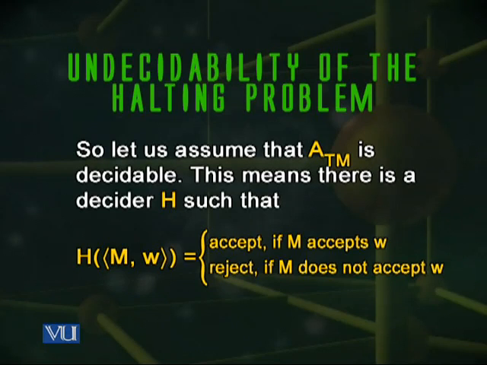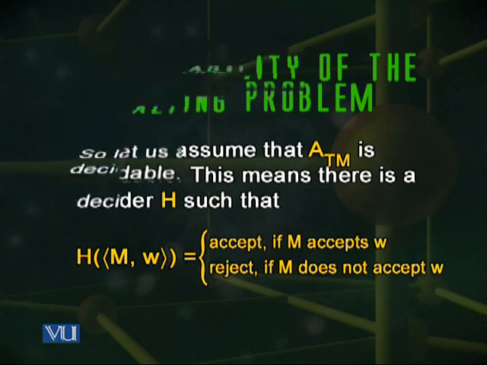If I give H an input M comma W, it will accept M comma W if M accepts the string W, and it will reject M comma W if M does not accept the string W. Formally, H of M comma W is going to be accept if M accepts W and reject if M does not accept W. Note that this hypothetical Turing machine halts in all cases. Even when M loops forever on W, somehow H manages to reject that pair of input M comma W.